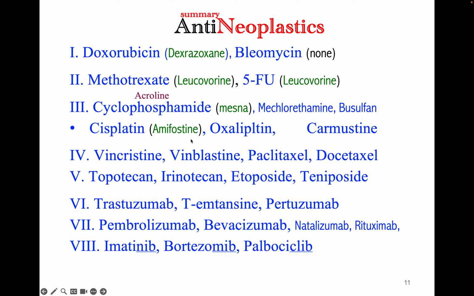That's all you need to remember. So all these 4 drugs have the same mechanism of action, mitotic inhibitors. But Vincristine and Vinblastine, Vinca alkaloids, inhibit mitotic spindle formation, while mitotic spindle dissociation is inhibited by taxanes, Paclitaxel and Docetaxel.